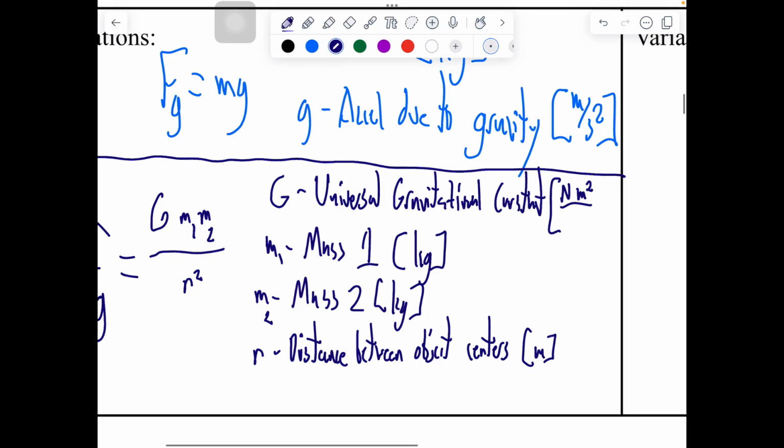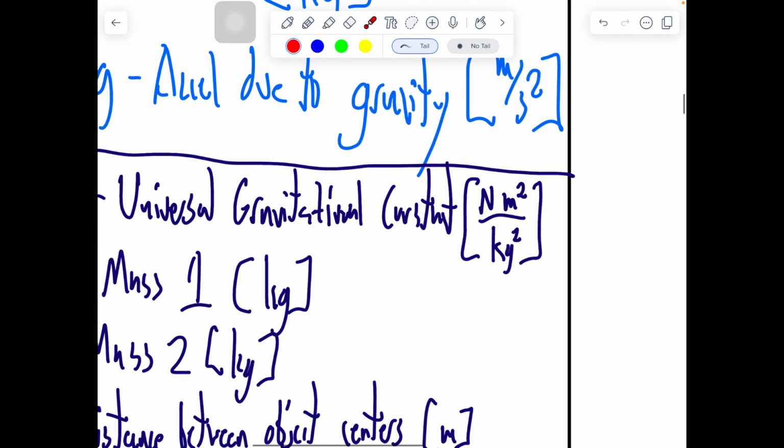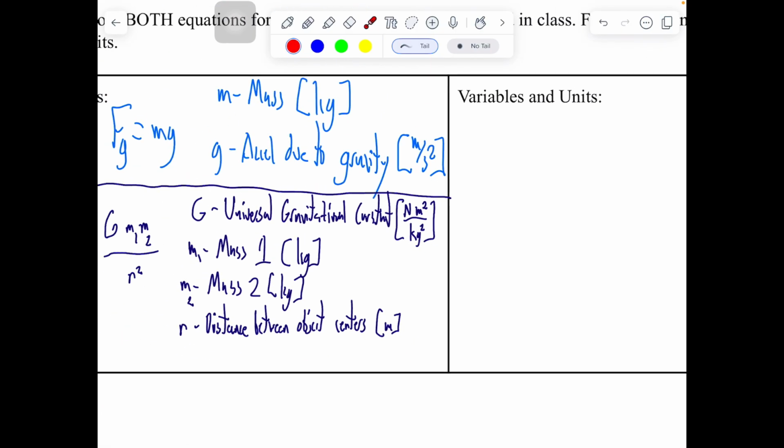We have kilograms and kilograms, and we want to cancel those, so we put kilograms squared in the denominator. This value is given on your equation sheet: 6.67 times 10 to the negative 11th newton meters squared per kilogram squared. You do not plug anything in here. Those are just units.